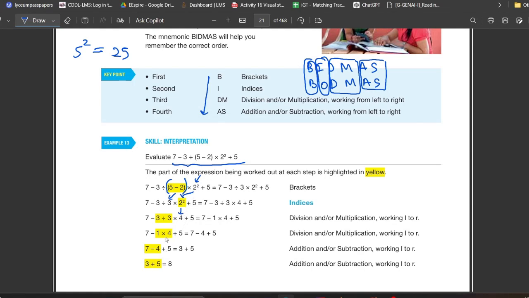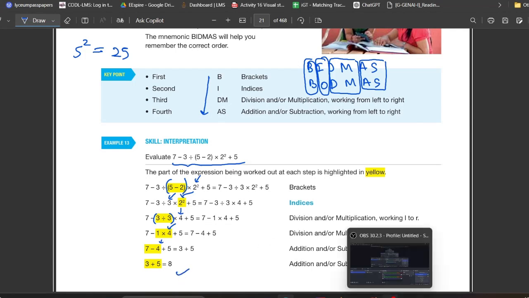Then division and multiplication. So we do the division first. 3 divided by 3 is 1. Then multiplication, 1 times 4 is 4. After that, addition and subtraction. 7 minus 4 is 3. 3 plus 5 is 8.